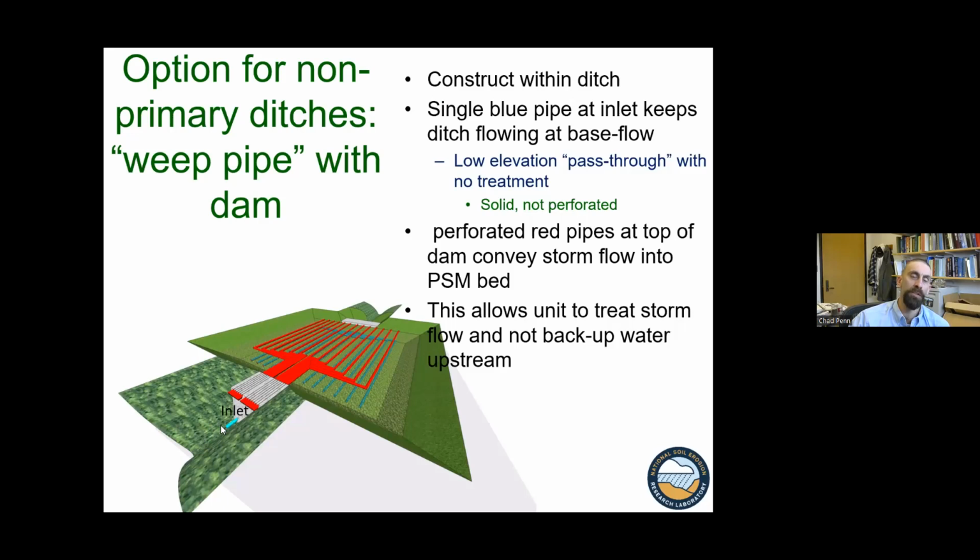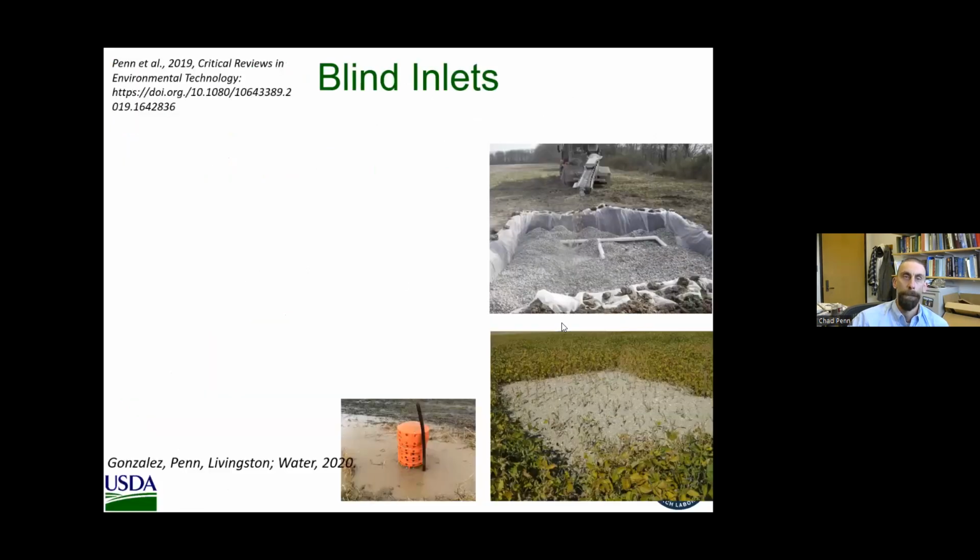You've got a dam here, so during a flow event, the water level raises up in the ditch where it enters the inflow pipes, is distributed through the media, and drains down through and out as normal. So this allows the unit to treat storm flow, which is where you get most of your dissolved phosphorus transported, not the base flow. But it also allows you to not back up water upstream, as would happen if you just had a dam and did not allow that base flow to pass through.